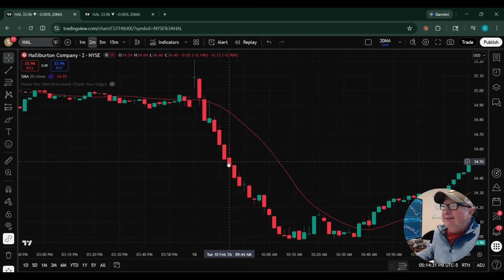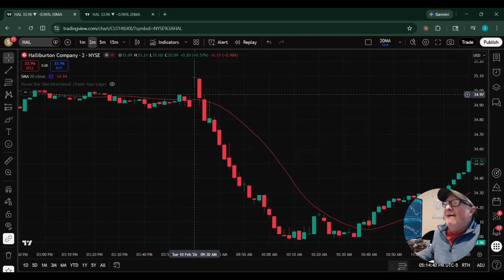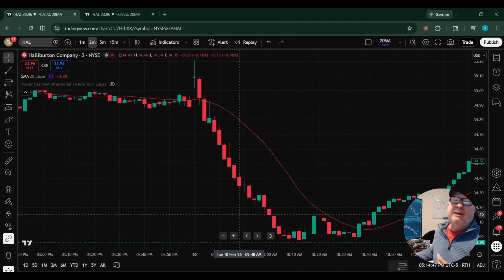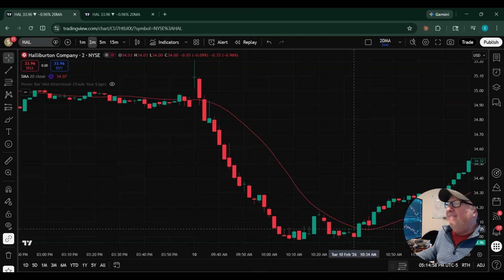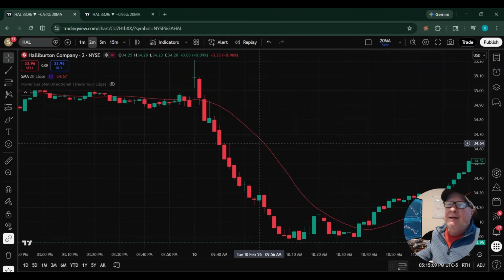When price gets stretched far away from the 20, whether it's a gap at the open, a news-driven move, or simply a market maker with an order, that rubber band is always going to snap back to the 20, making it the anchor line. And once I understood that, I didn't really need 5 different indicators on my chart or more. I just needed one line and the patience to wait for price to come back to it.